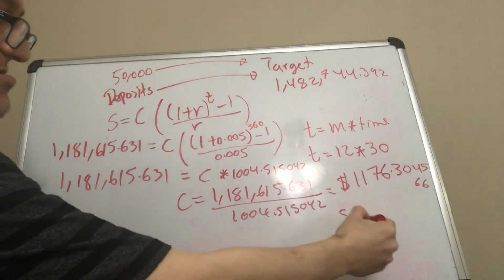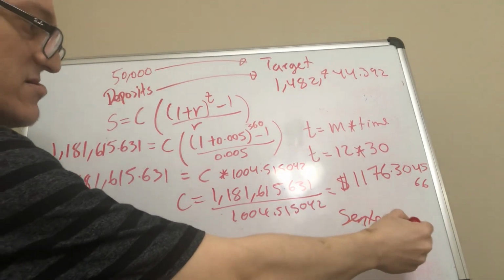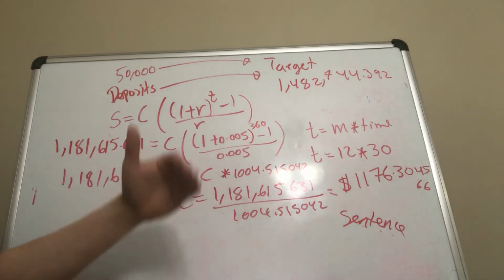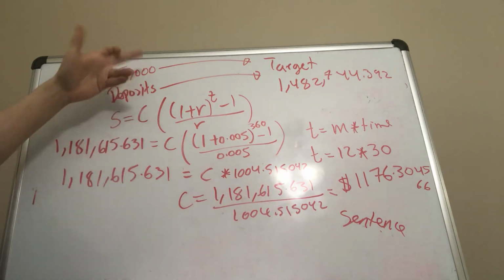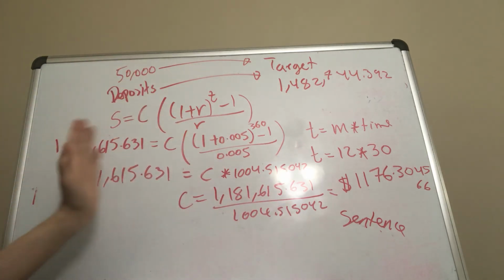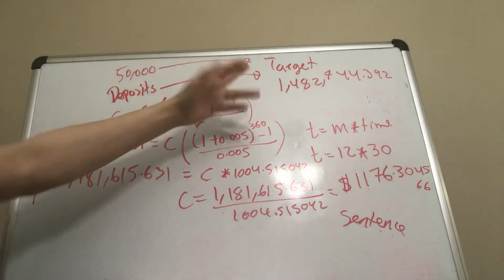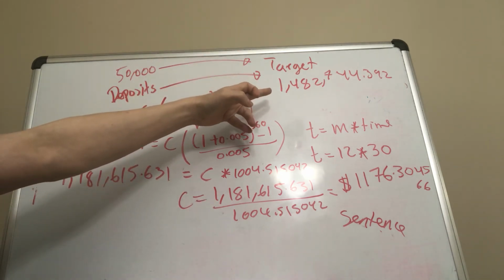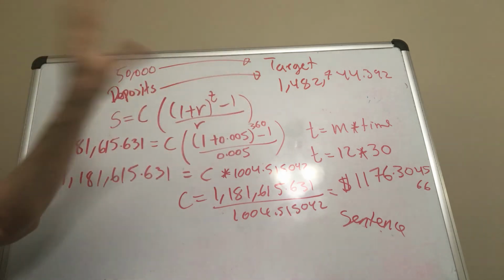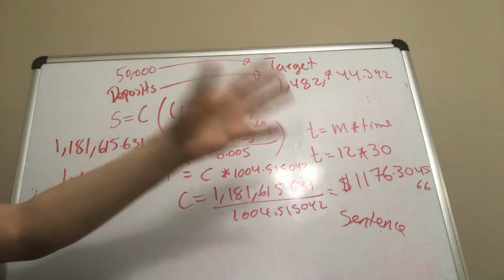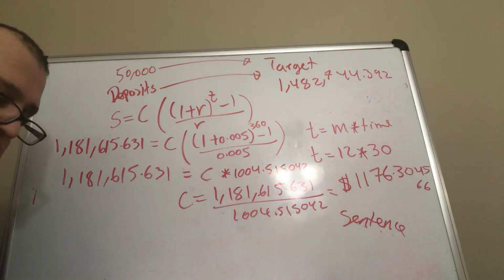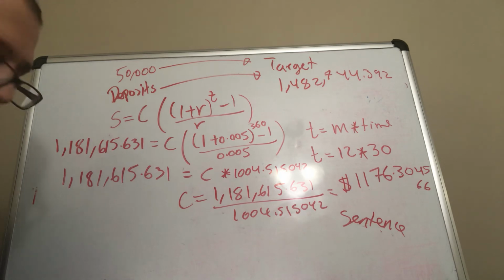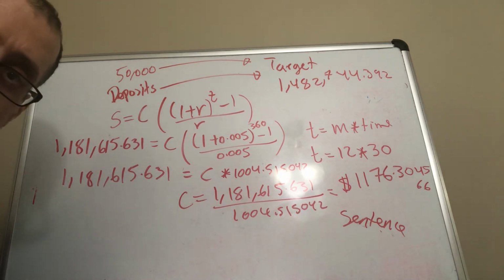And again, put the answer in a sentence. So she needs to make monthly deposits of about 1,176. In addition to the 50,000, over 30 years she'll accumulate 1,482,000. She can leave that for 5 years, and that becomes 2 million. That's the answer for question number 2. That's the end of part 1. In part 2, I'll do questions 3 and 4.